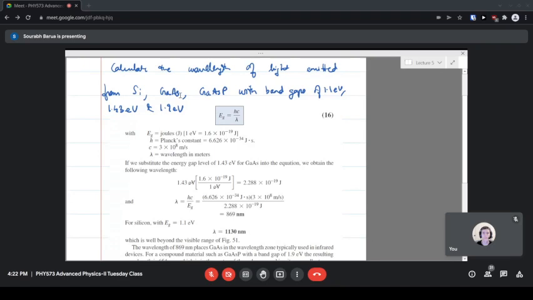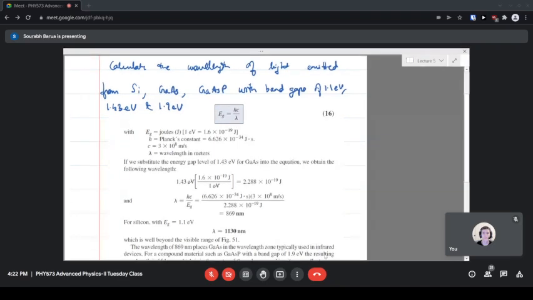In this, gallium corresponds to which group in the periodic table? And arsenic is in which group? Fifth. So gallium is third, after the calcium group, and then the next group is gallium.